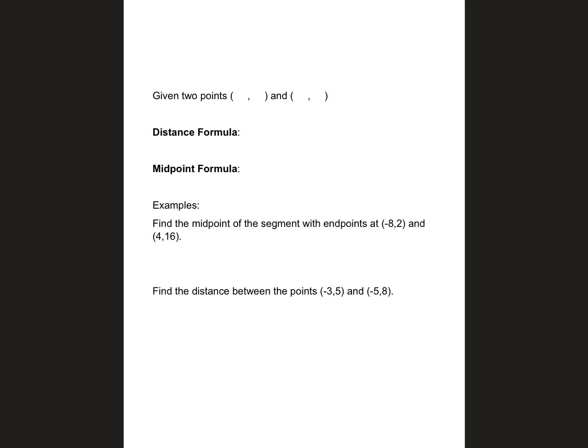So the first two things we want to talk about, there are two formulas. We're going to be talking about a lot of coordinates in this unit. The XY coordinate plane with different points that we're going to be working with.